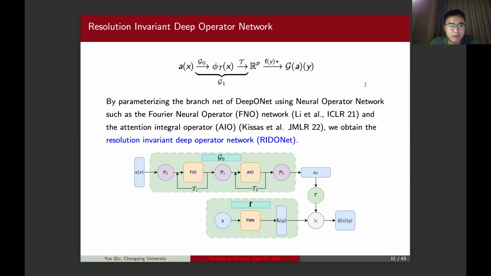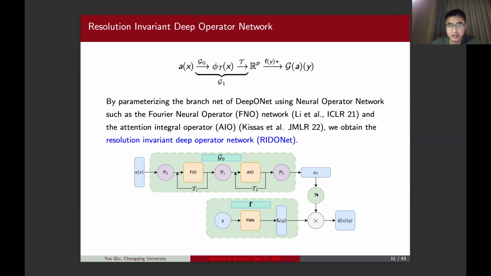So for this parameter input, it takes directly the functional input, and by introducing the so-called integral operator at the end of the upper part, we are able to transfer the output of the upper part to real vectors.